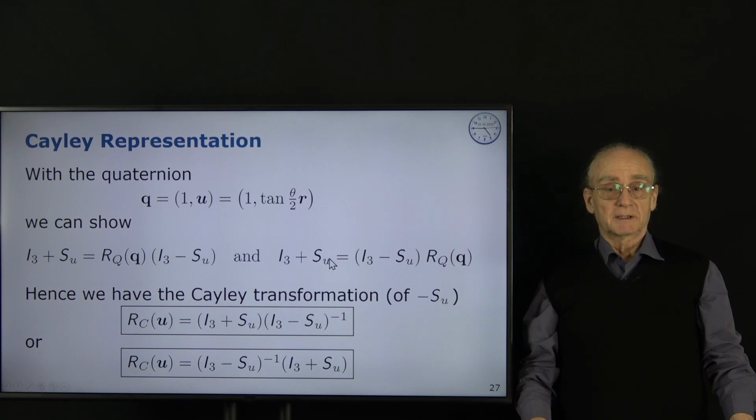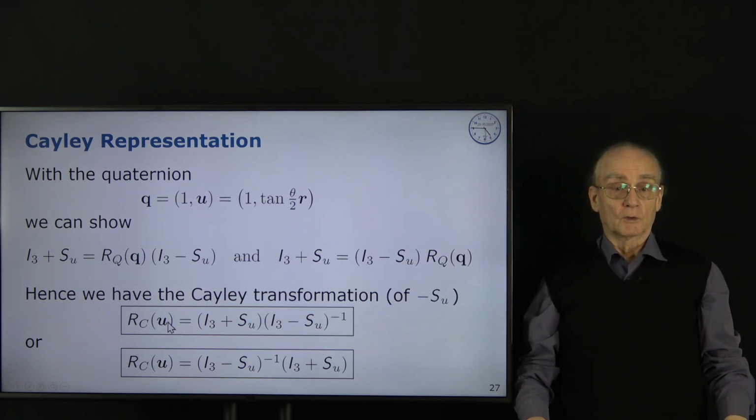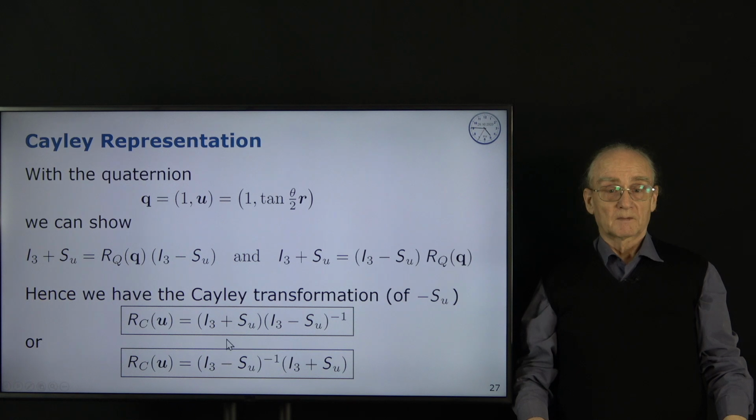And in a similar manner, you can multiply from the left and get the same expression. So if you now solve for R(Q), you get a representation of the rotation matrix depending only on u, which is the Cayley representation. And this is (I plus S) divided by (I minus S).